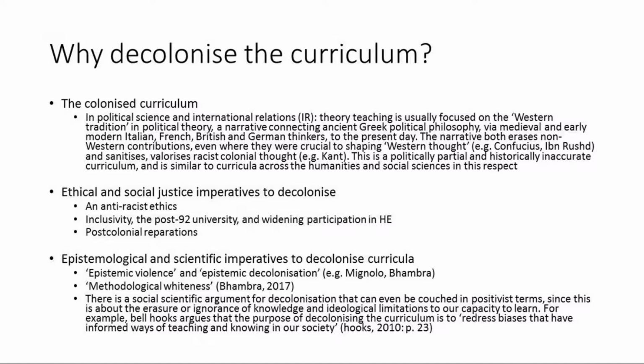And I think there's plenty of work in post-colonial theory, equally in black feminist thought, and the work of bell hooks and others, that points to this idea that one way of framing decolonisation that's helpful for dealing with that kind of resistance is that it's about redressing biases that have informed ways of teaching and knowing in our society.